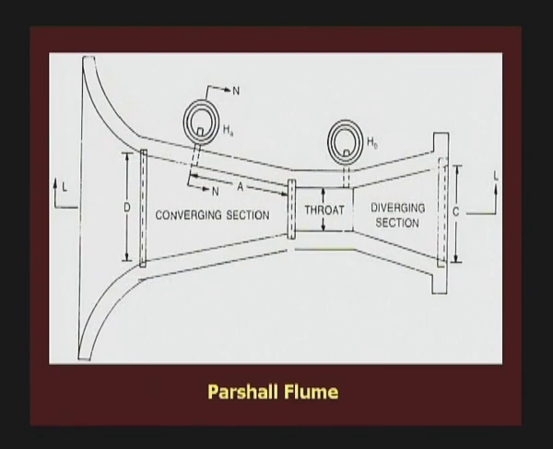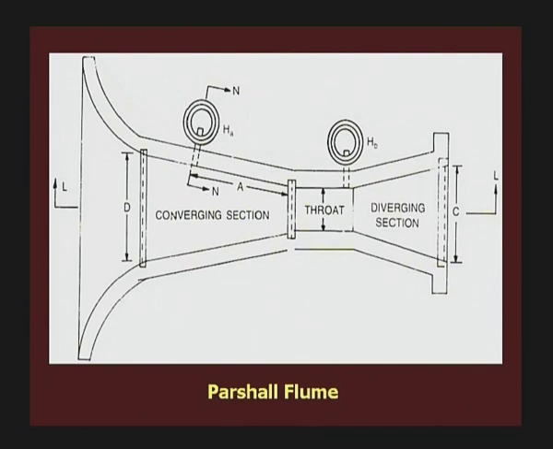This is the view of a partial flume. There are three sections in this partial flume, that is converging section, throat and diverging section. The walls of the partial flume in the converging section converge towards the throat.